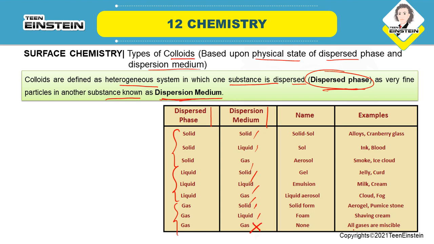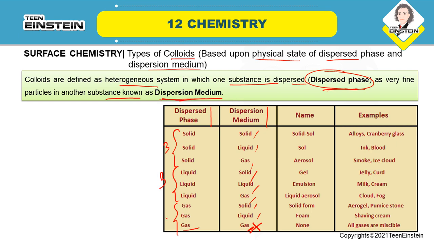Because when you take dispersed phase gaseous, medium is also gaseous, there will be no different phase, because the gas molecules are completely miscible with each other. That is the property of gas. So as there is no heterogeneity, two phases are not present. If it is one phase, we cannot call it heterogeneous. And if it is not heterogeneous, it is not colloid. So that is why 9 possibilities are there, but 3 here, 3.